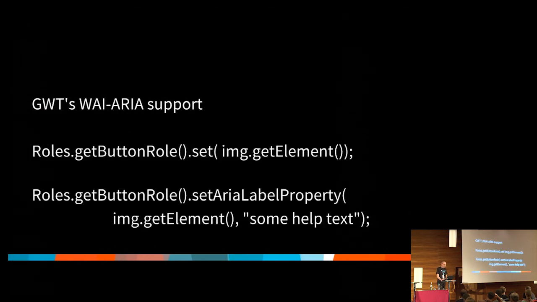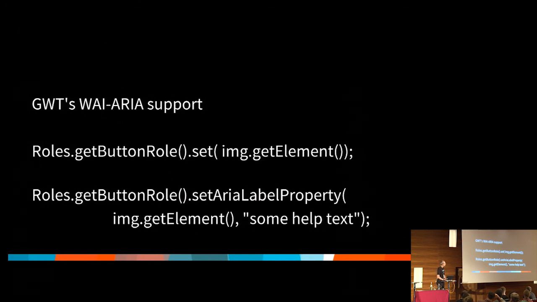Oh, one more thing. We are at a GWT conference, right? And of course, GWT supports WAI-ARIA, and you use it by accessing the Roles class that provides all the roles statically.